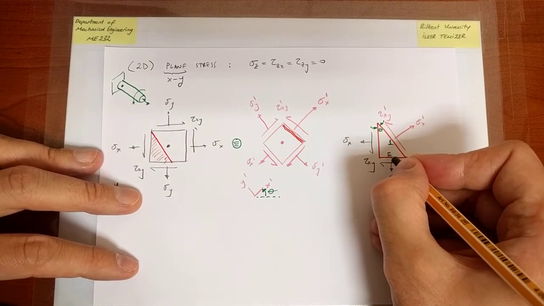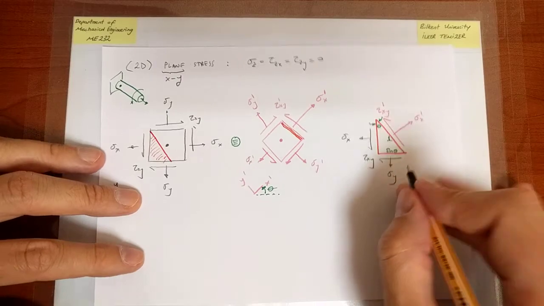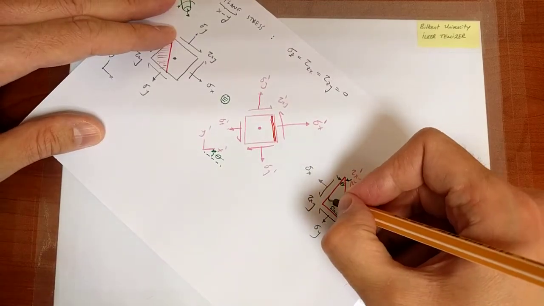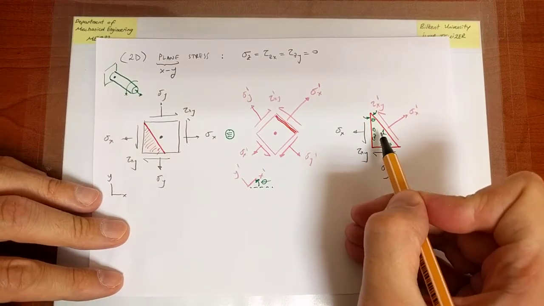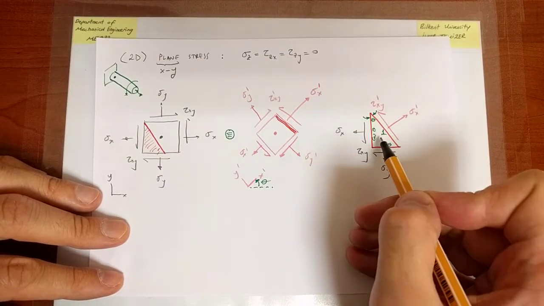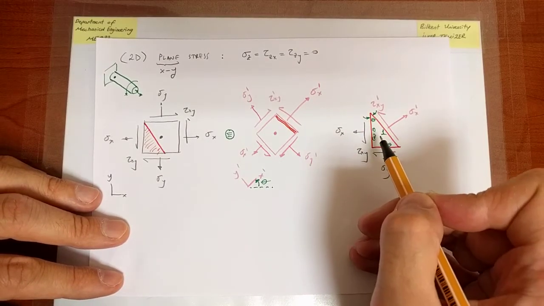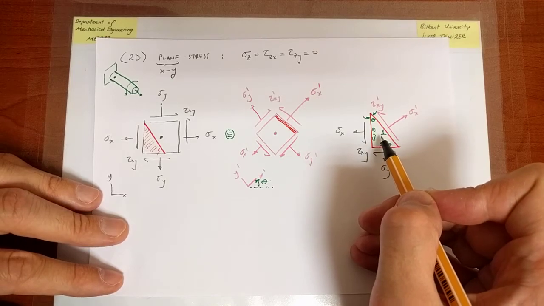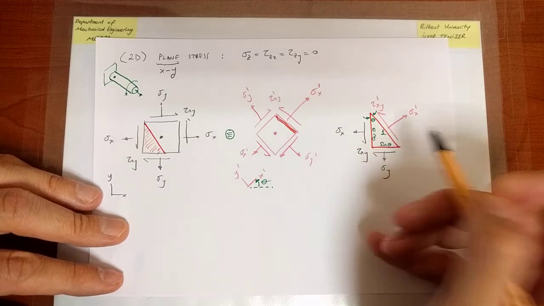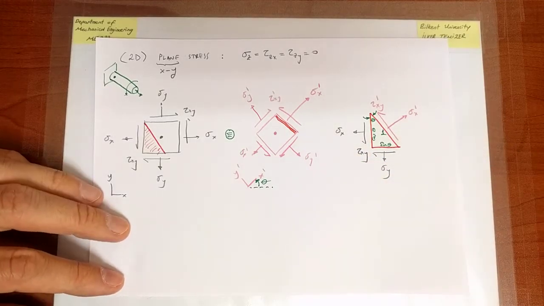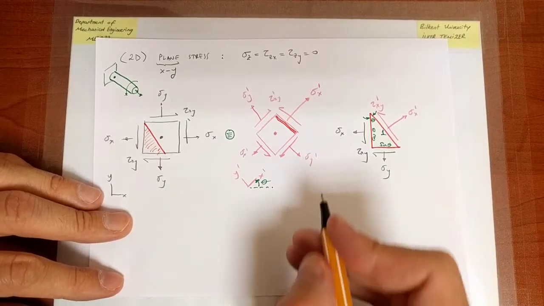So this is sine theta, and this here is going to be cosine theta. Now, the thickness along the vertical direction is likewise something we're not going to be concerned with. It's an arbitrary thickness, but that will scale everything that we do, so we assume that thickness is also 1.